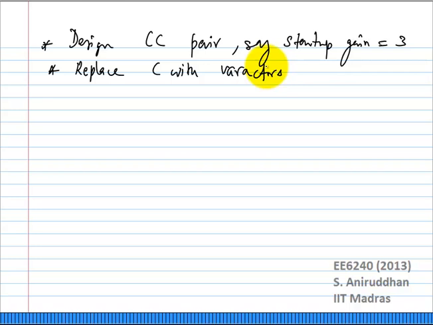Now, there is a fundamental problem with designing the full capacitance as a varactor. The reason is, what does a varactor do? A varactor converts some given DC voltage into a capacitance, right? That's what it does. But suppose instead of a DC voltage, I also had a signal alongside.